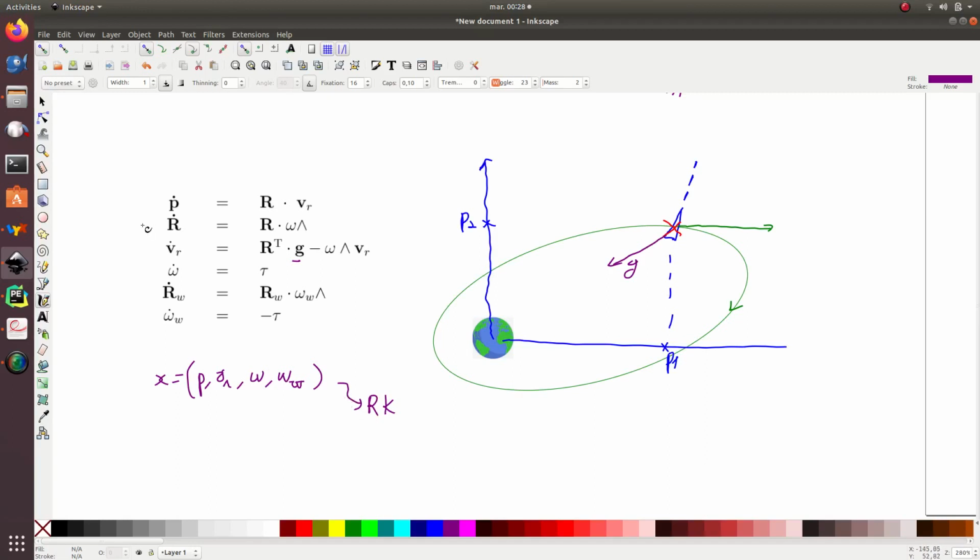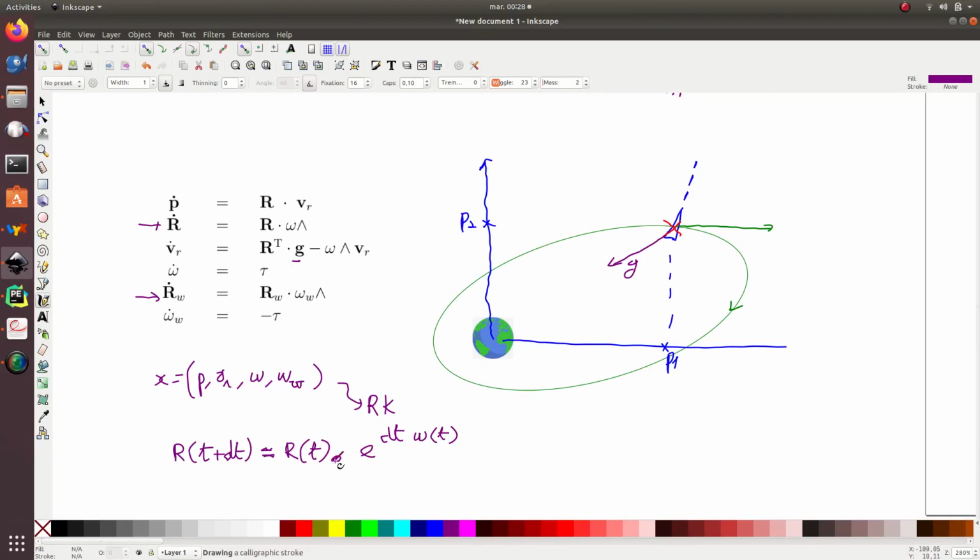But for this one and this one, since it is a rotation matrix, it belongs to a Lie group, and I want to avoid singularities using angles. So for this, I will use the exponential integration, which tells me that R at time t plus dt is equal, approximately of course, to R of t multiplied by the exponential of dt times omega of t.